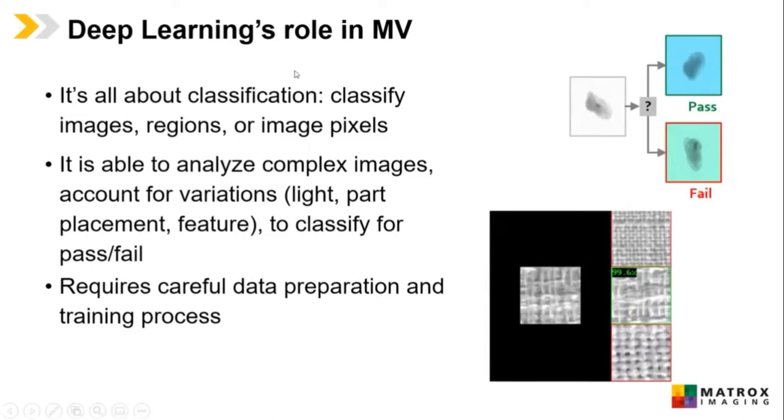Deep learning is able to analyze very complex images and account for different variations like light variation, part placement, small part movement, and very tiny features, what we call acceptable variances. That is something deep learning technology helps us classify, to see if something belongs to either the pass or the fail category.